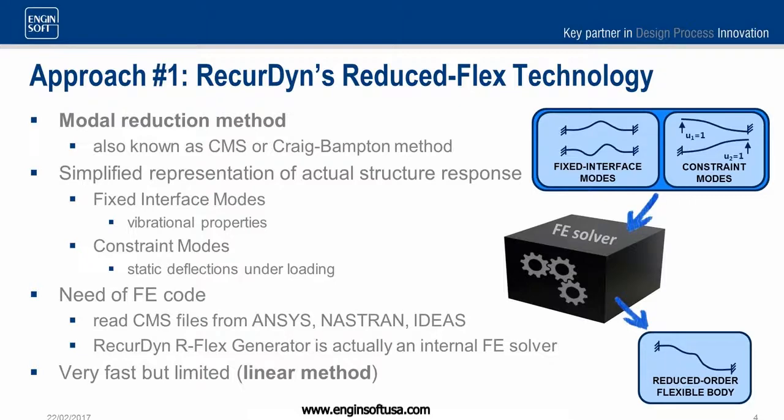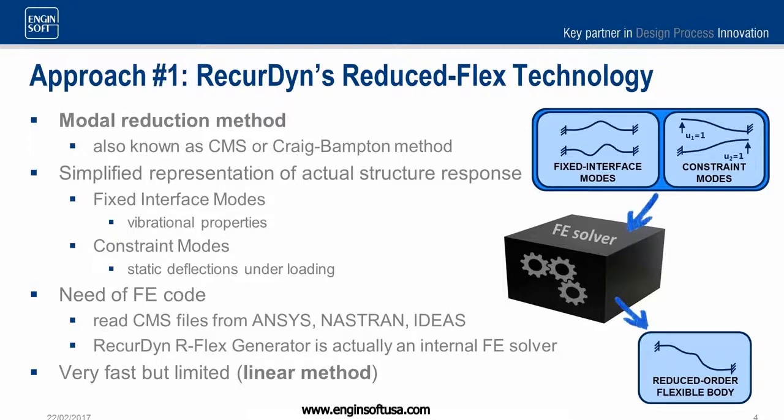This method starts from a finite element representation of the body, so a mesh, and then after a finite element pre-analysis, it produces a simplified linear representation of the actual structure response. This is also called the super element.